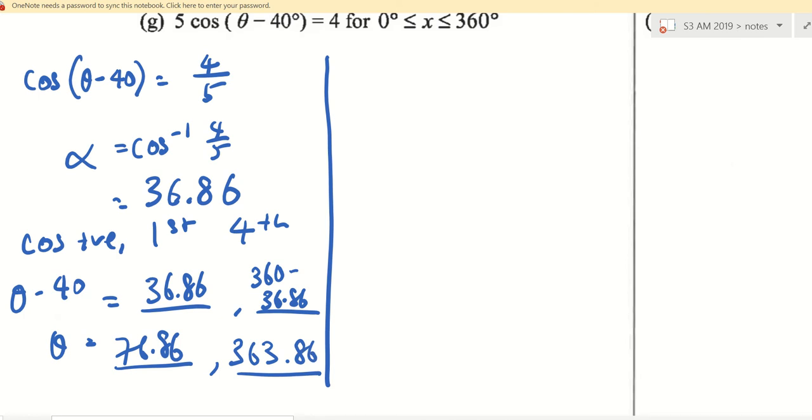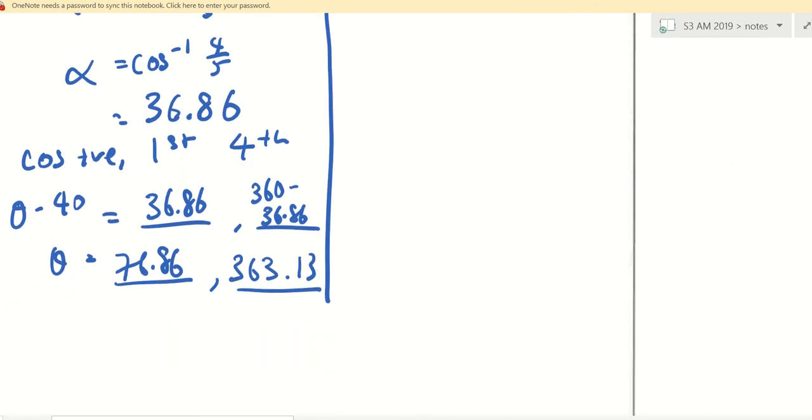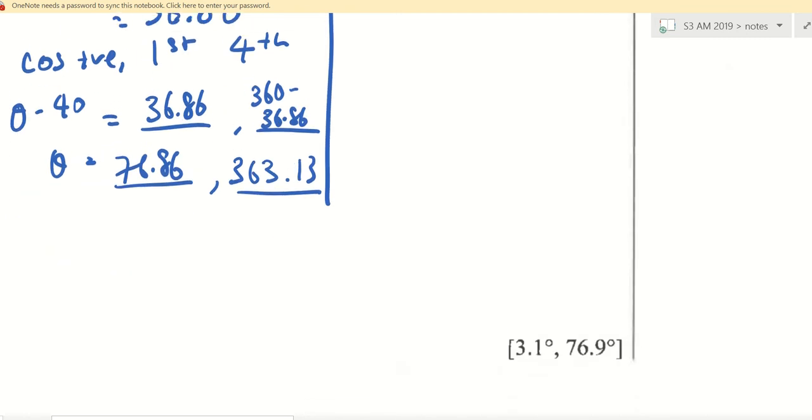Right. Then you ask yourself, hey teacher, is my answer key wrong? How come I have one answer? I compare this with this. How come I got one answer, but I don't have the second answer? Now, the idea is this. This thing here is more than one cycle, right? So I need to reduce it.